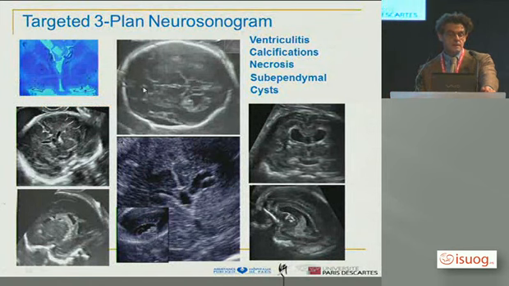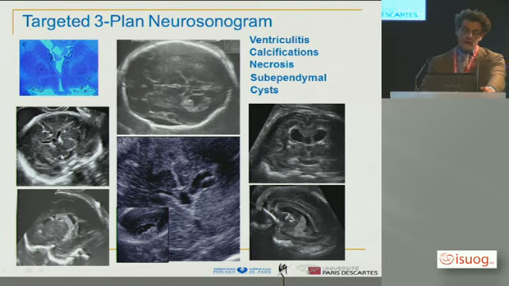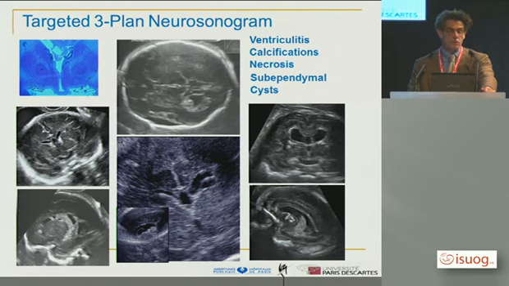And the typical aspect of the calcifications of the vessels of the basal ganglia is also quite characteristic, but not always very severe when it's isolated. You can see here the cortex at the level of the Sylvian fissure. The Sylvian fissure is not even visible, and there's a lot of hyperechogenic aspect here, necrosis with cyst.